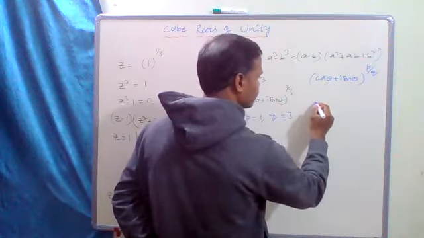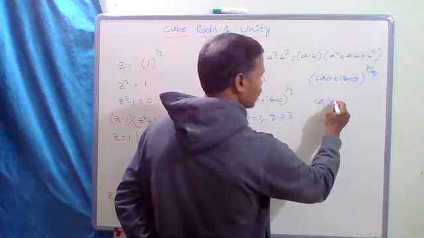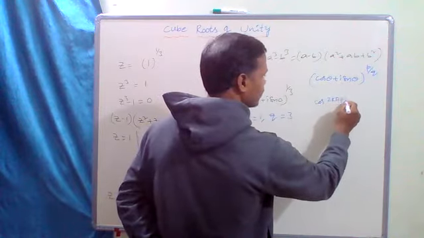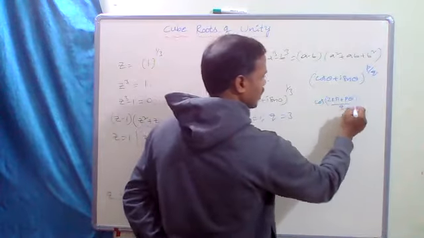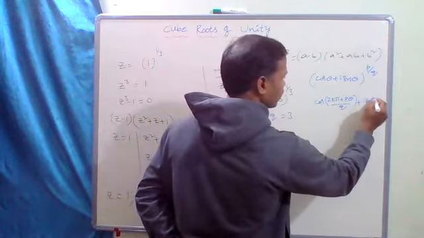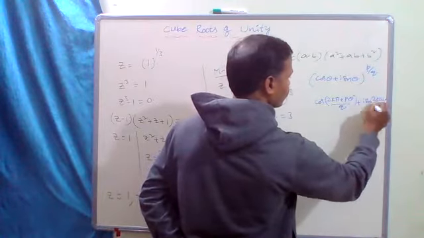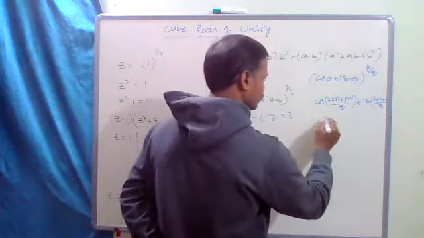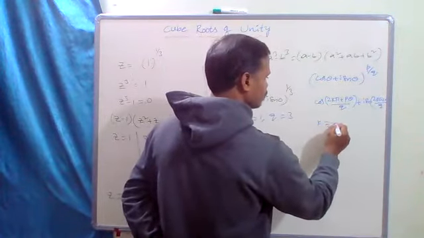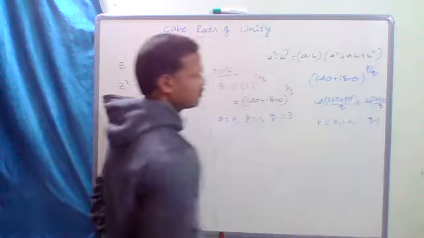This can be written as cos of (2k pi plus p theta) by q, plus I sin of (2k pi plus p theta) by q, where k equals 0, 1, 2 up to q minus 1.